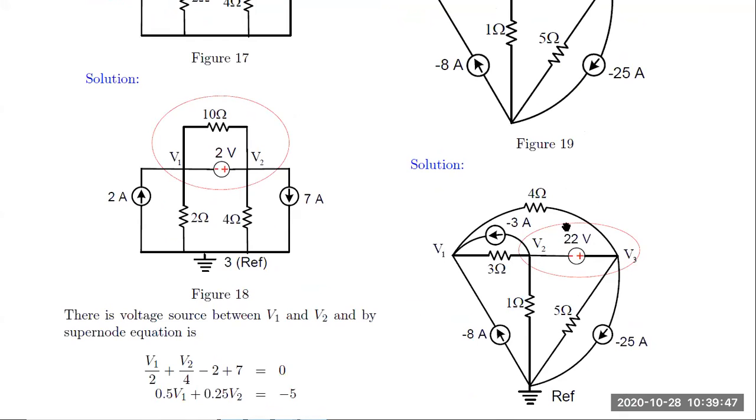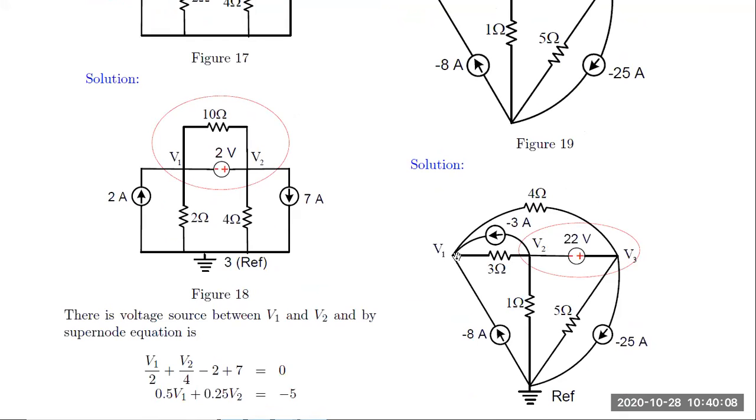Between 2 and 3 there is a voltage source, which means I have to write the supernode equation. This I will explain one more time. In the next example, maybe I will invite you to tell the node equations.